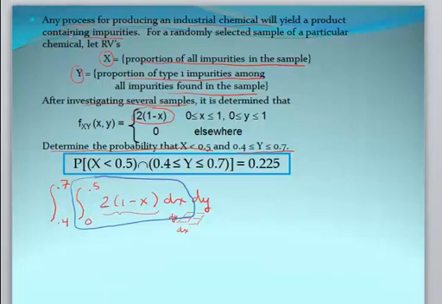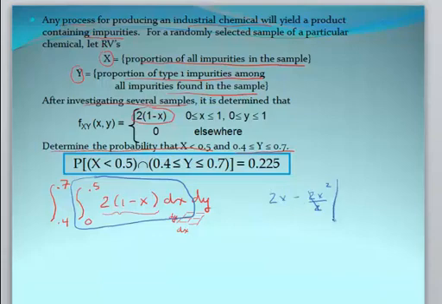Okay, so we're going to take this blue part right here and integrate it. First off, we know it's going to be 2x minus, and then we've got the 2 on the outside, so it's going to be 2x squared over 2. Well, that cancels right there.